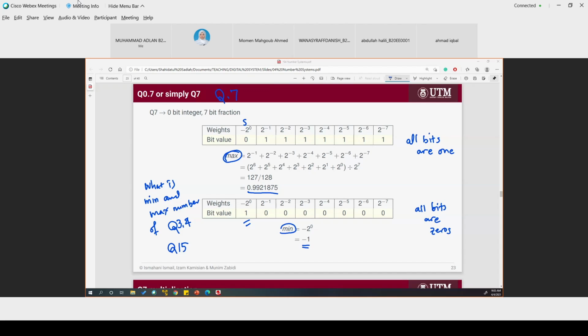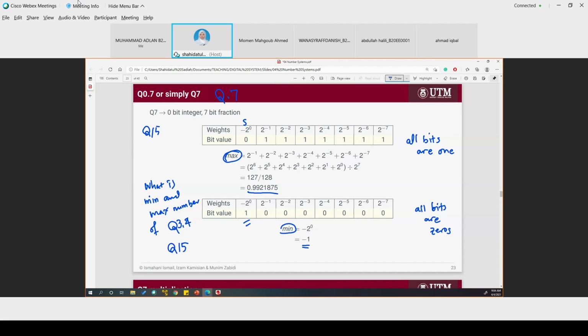So here we have found the minimum and maximum number of Q7. Okay, Q7. So can you tell me what is the minimum and maximum number for Q15? Can you use a calculator to calculate?